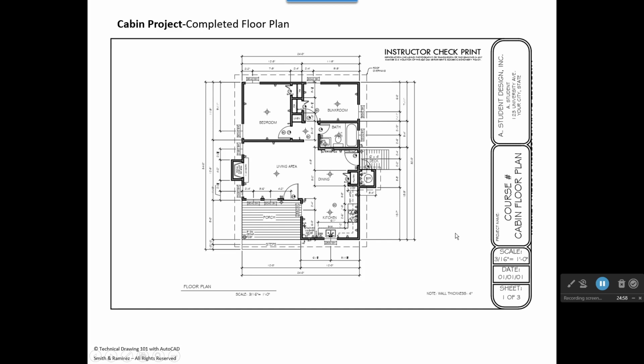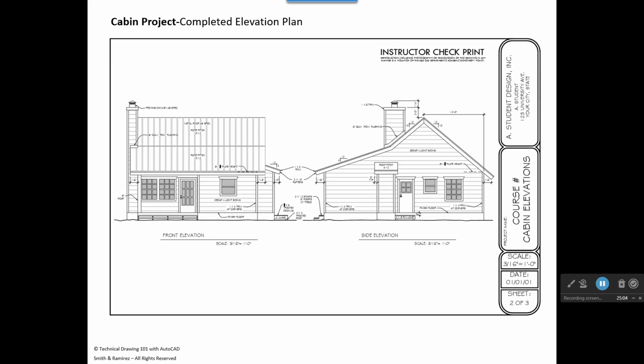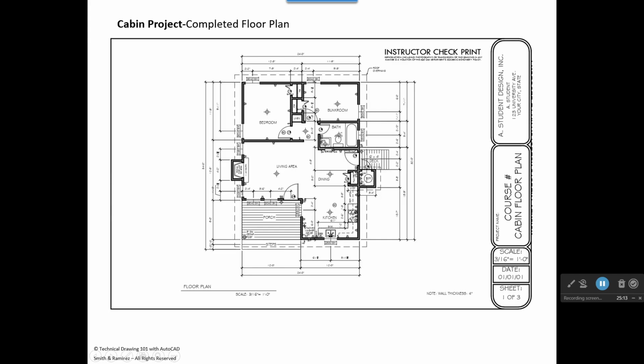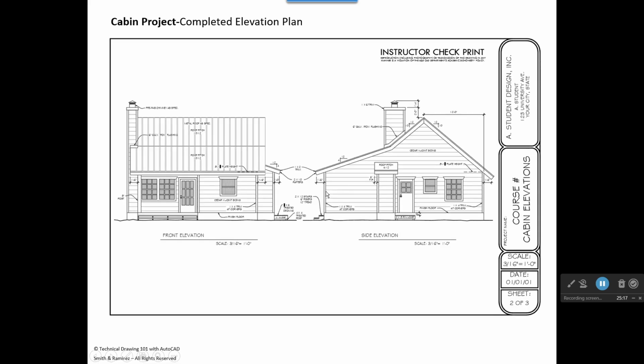Now you may be printing it on an 8.5 by 11 sheet, so it may look a little different than what this one looks like. But the two sheets that you will draw are your elevations, a front elevation and a side elevation, and your floor plan. And that will complete your project right there. Good luck.